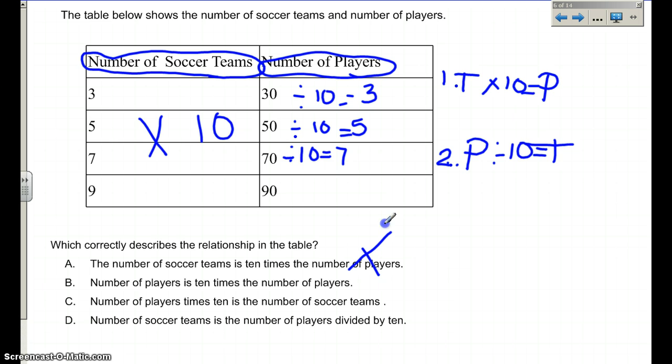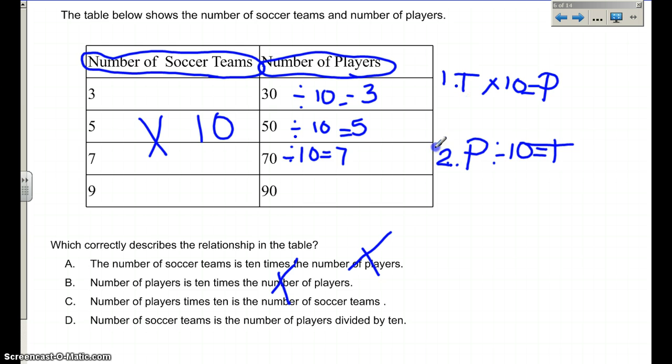Okay, let's go to B. The number of players is, so players is 10 times the number of players. No, I need a group of teams and players, so that cannot be right. All right, C, the number of players times 10 is the number of teams.